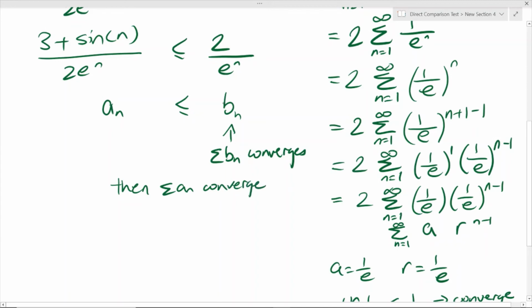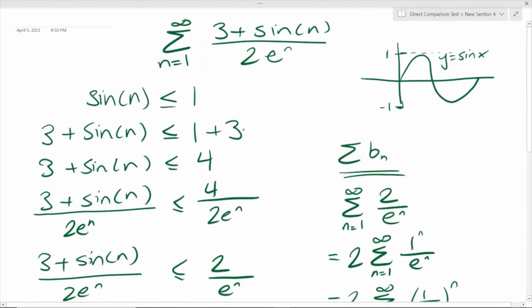And this is because Bn is greater than or equal to an, and by the direct comparison test, since an is smaller, and an is what we're trying to find, then it also converges. It follows the same behavior as Bn. So we're going to write that down. So this is our an, so therefore this series converges by the direct comparison test.